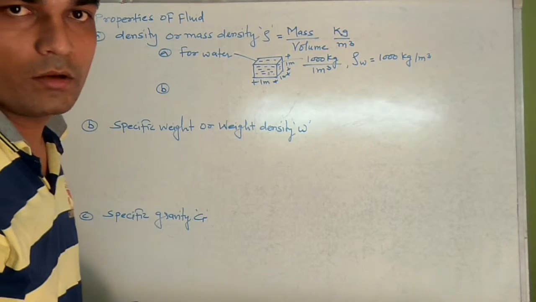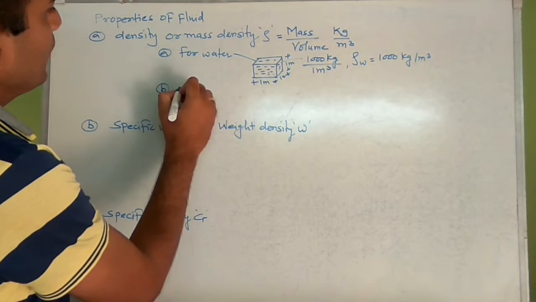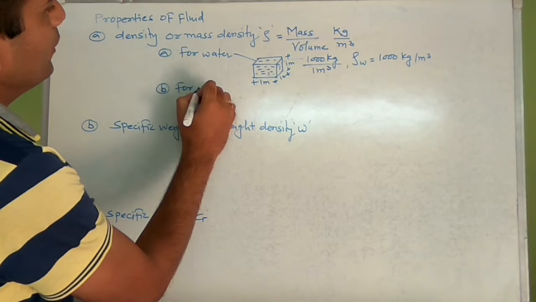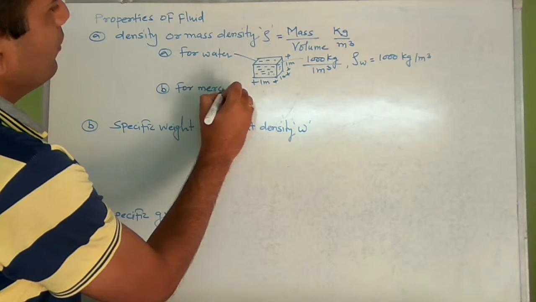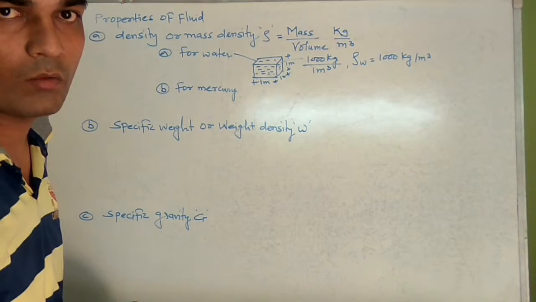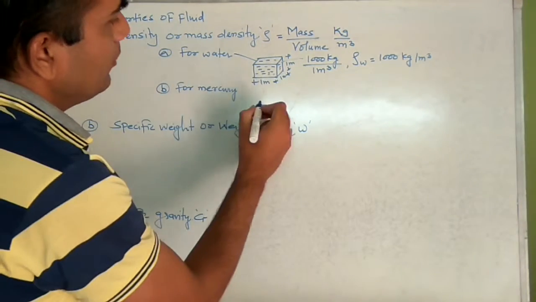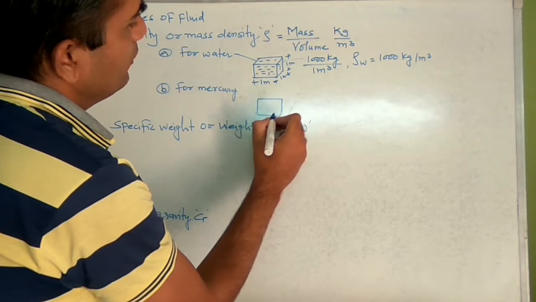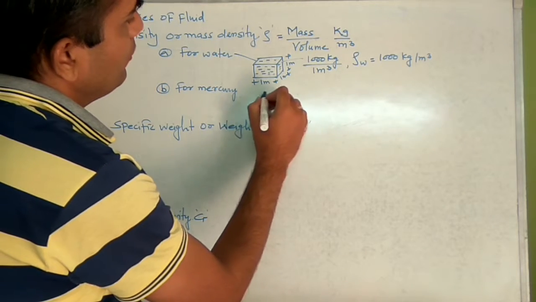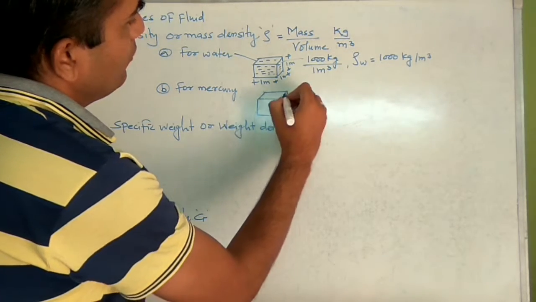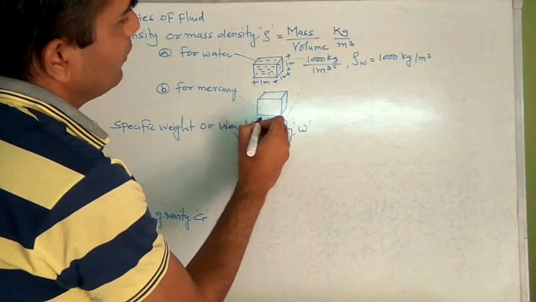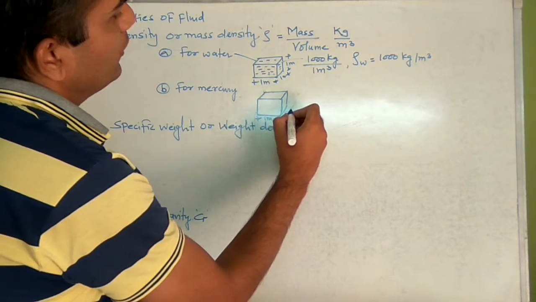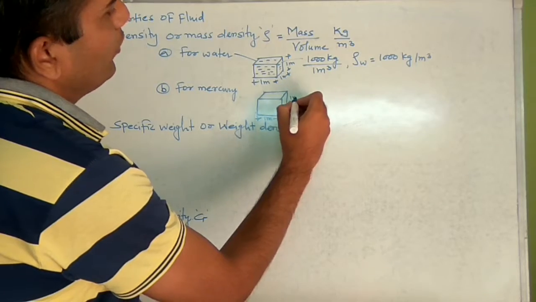Now if we think for the mercury, the same box having the dimension 1 meter by 1 meter by 1 meter.